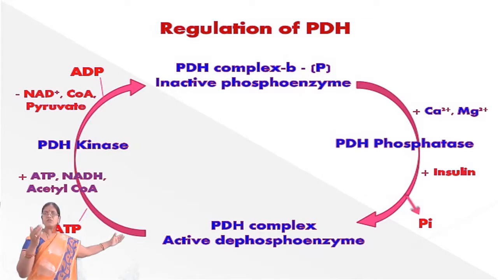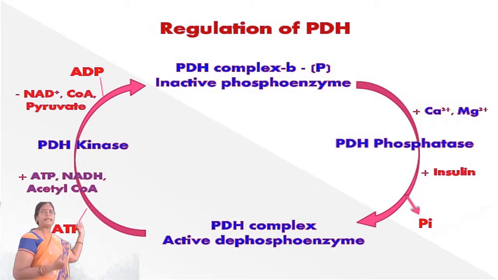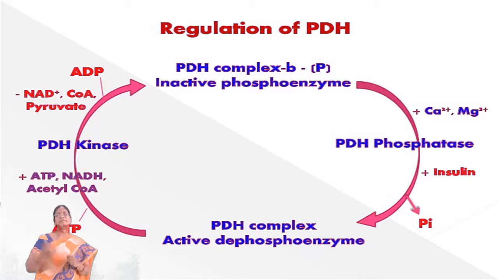That means dephosphorylation will occur and it will be converted into the active PDH complex, the active dephosphoenzyme. And this again, in presence of ATP and PDH kinase, kinase is the enzyme which is adding phosphate group to the enzyme, it will be converted into inactive form. So this is the regular cyclic pathway, and this is the regulation pattern of PDH.